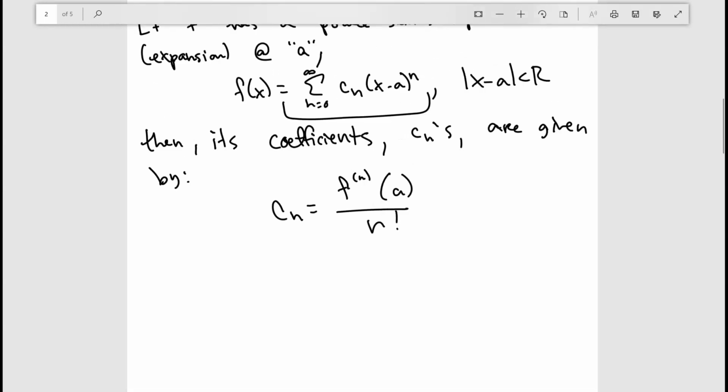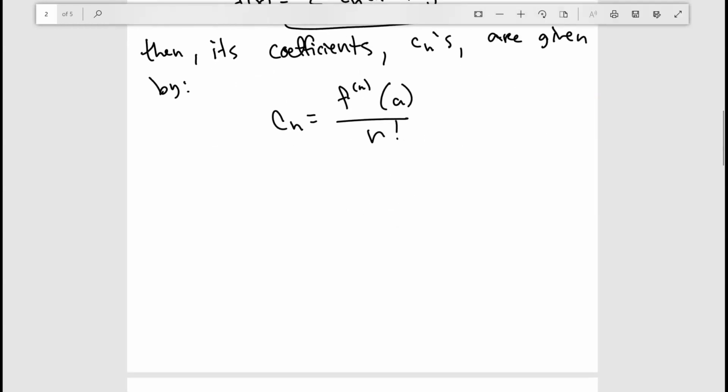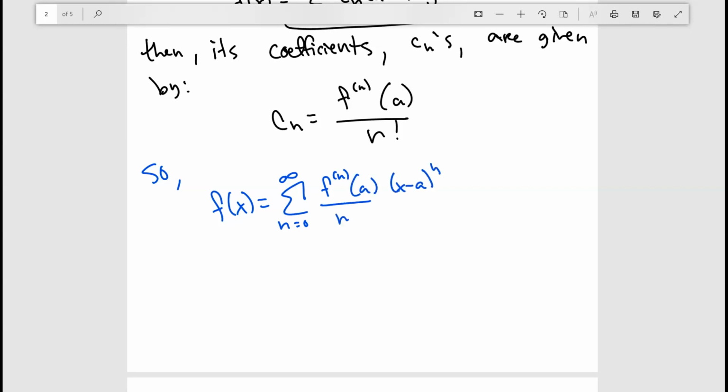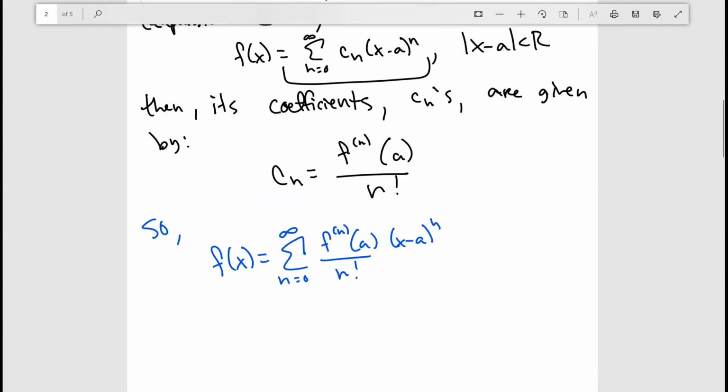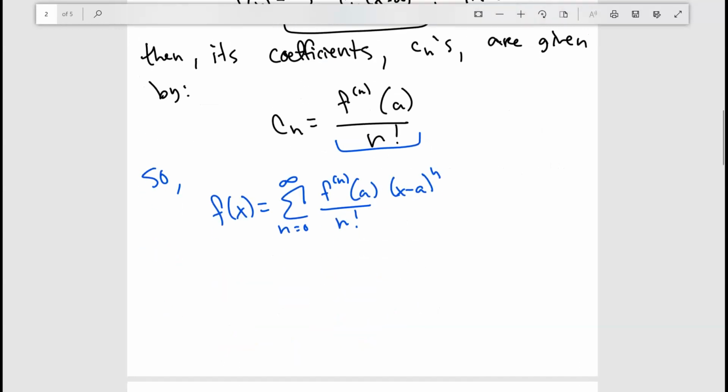Okay, which is what we just proved. So what this says is f of x can be written as the sum from n equals 0 to infinity of the nth derivative of f at a, times (x minus a) to the n, divided by n factorial. So notice that this initially was this part. I'm just plugging in this thing for Cn, and that's how I got this.